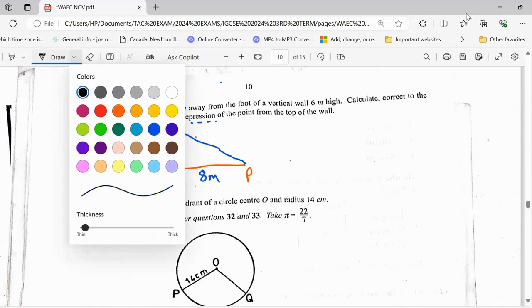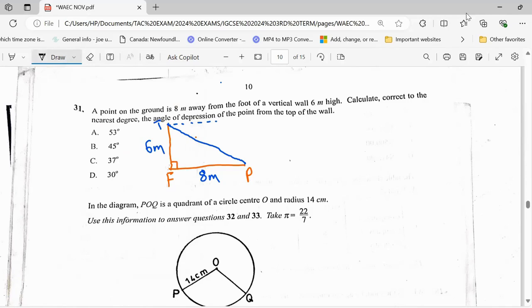When you say the angle of depression, we are actually talking about the angle made here. That is this angle, which is alternate here. It's alternate here. All right. So don't forget the arrow is pointing down.